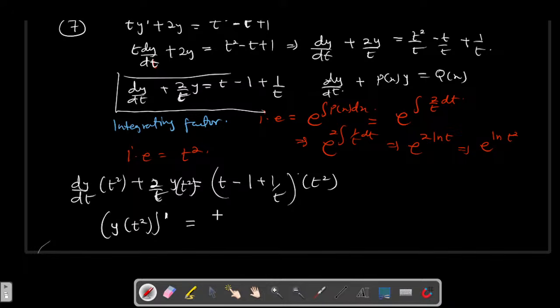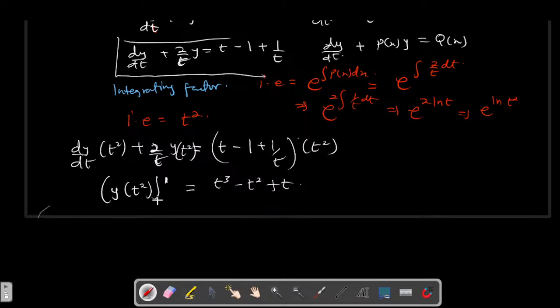t times t squared will be t cubed, minus t squared, then this will cancel and get what? 1t plus t, right? So now you have this expression here. We need to find y. The goal of a differential equation is to make y the subject, or make y stand alone without any derivative. So I need to find the integral to remove this derivative.